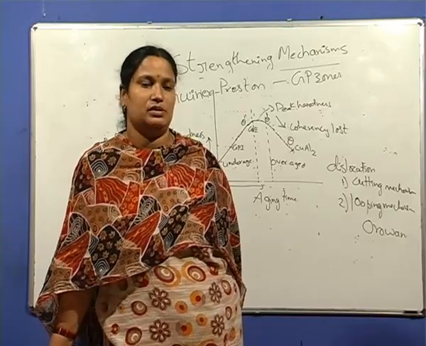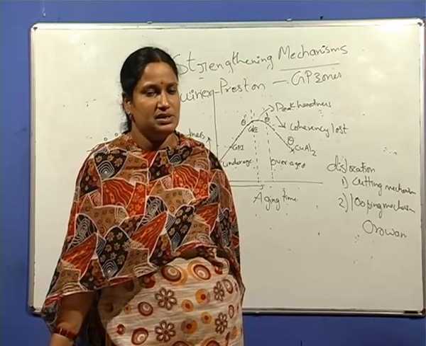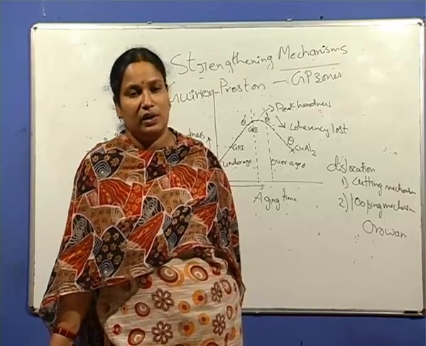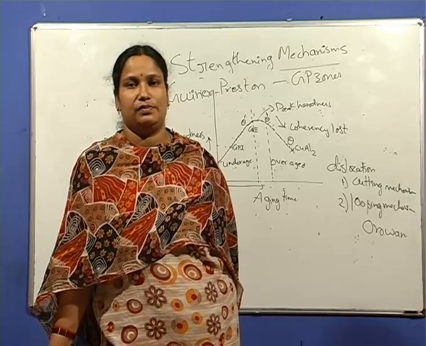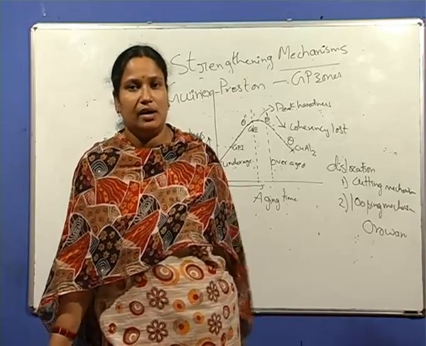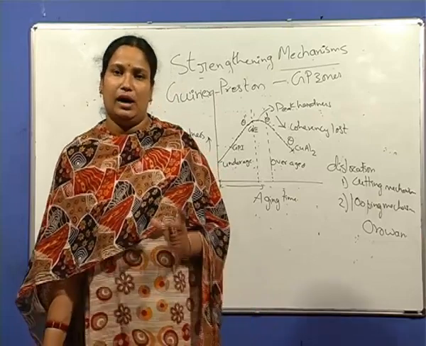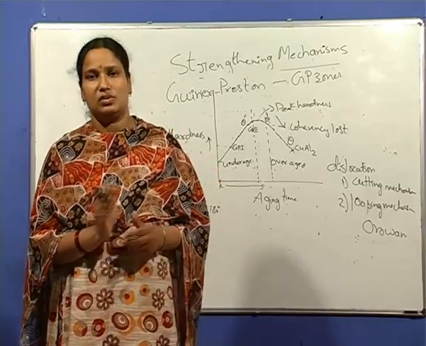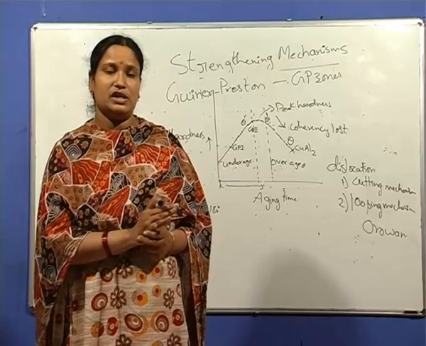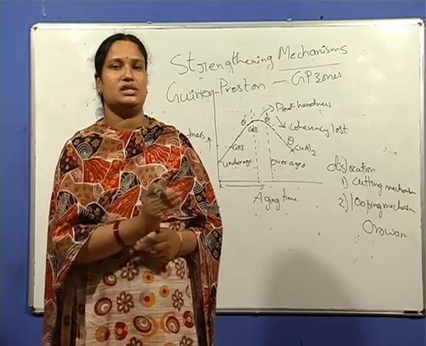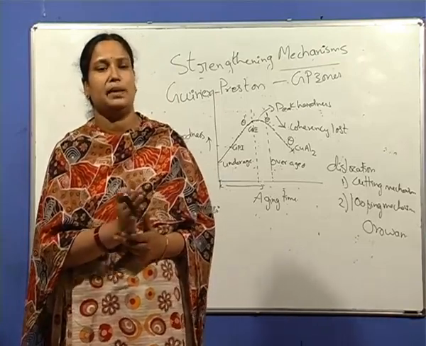Because cutting is not possible, cutting mechanism operates when the precipitates are very fine and soft, so the dislocation can easily cut the precipitate particles. And the looping mechanism occurs when the precipitates are coarser, so the dislocation has to bend around them and bypass them.